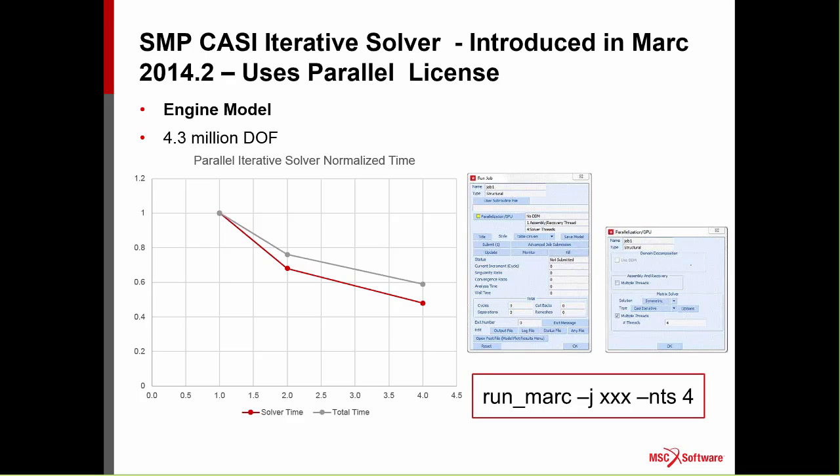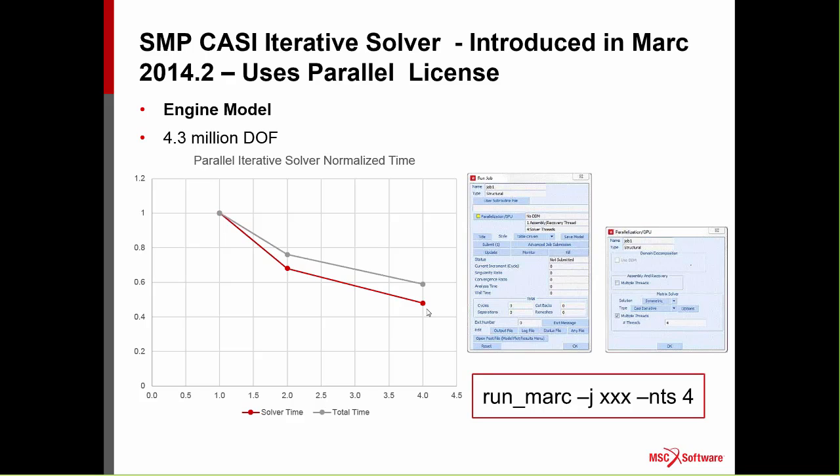One was the CASI iterative solver with parallel processing capabilities. Whether you run CASI in serial mode or in parallel mode, you could see somewhere between 2 to 2.5 times faster simulation.